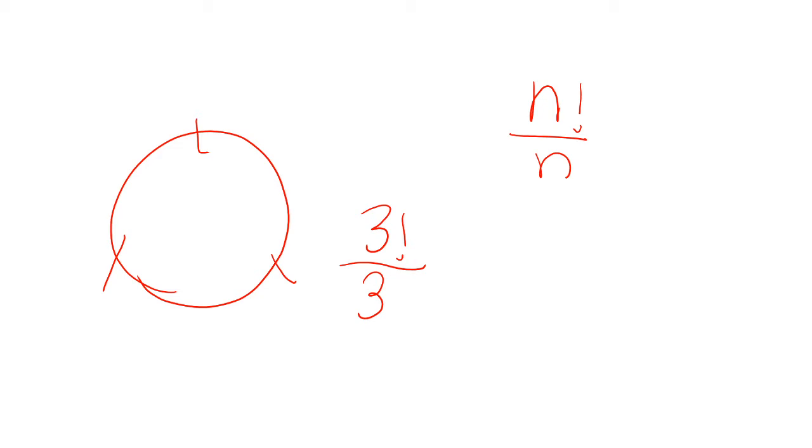If we just do 3 factorial, that's counting it 3 times. So we divide by 3 because it's overcounting, and 3 is the number of rotations.